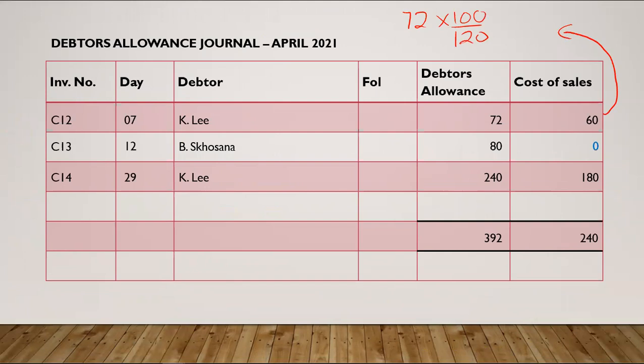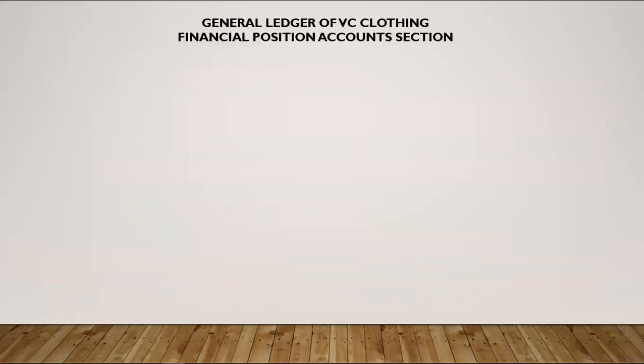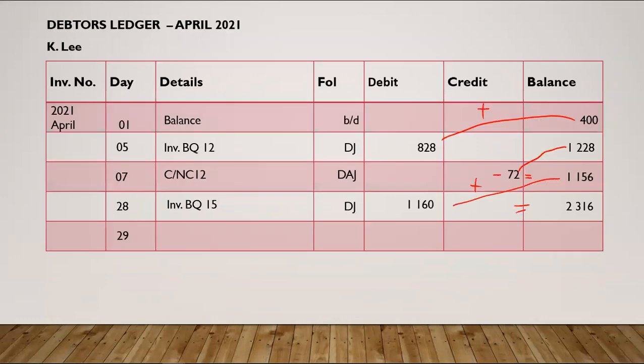But that also affects the debtors ledger of Kaylee. It'll be 29, credit note C14, DAJ.